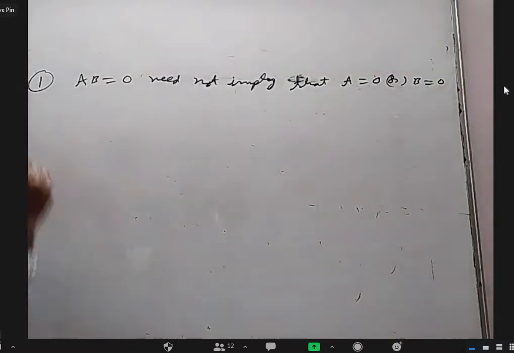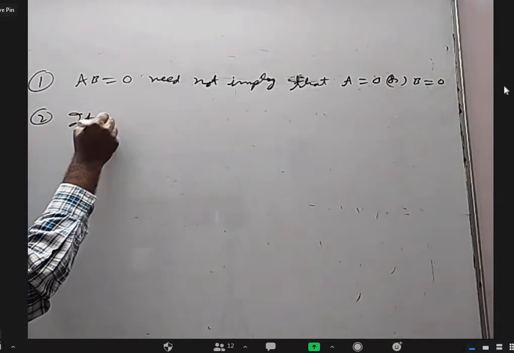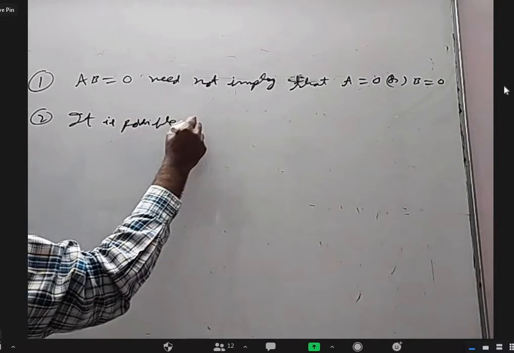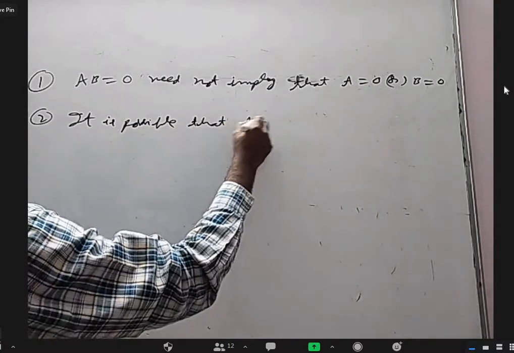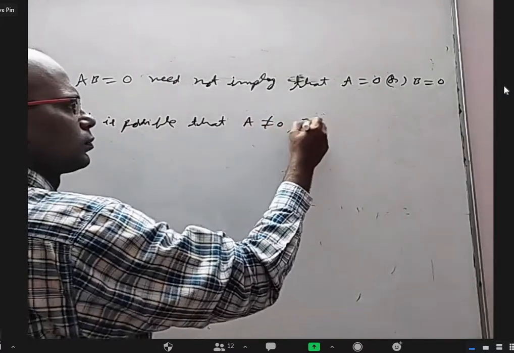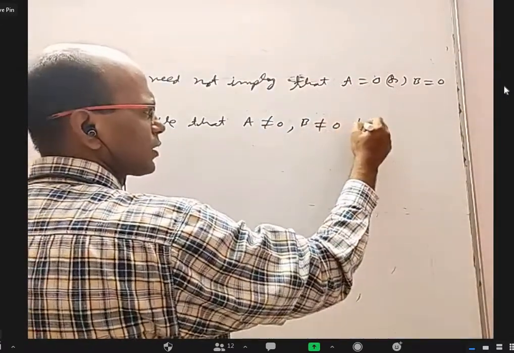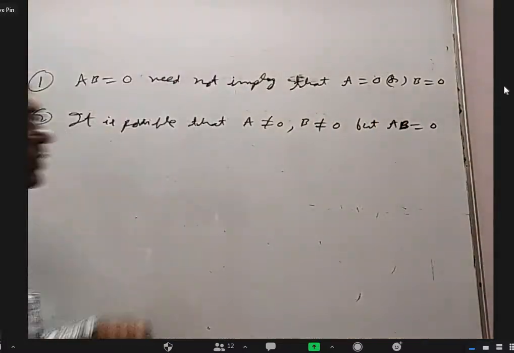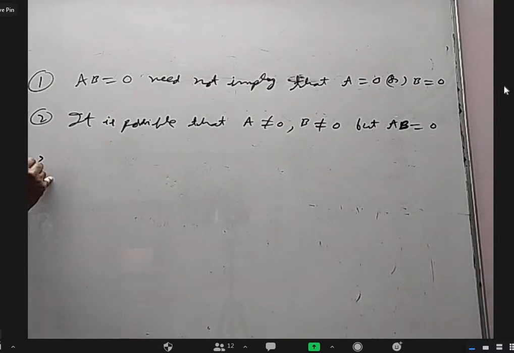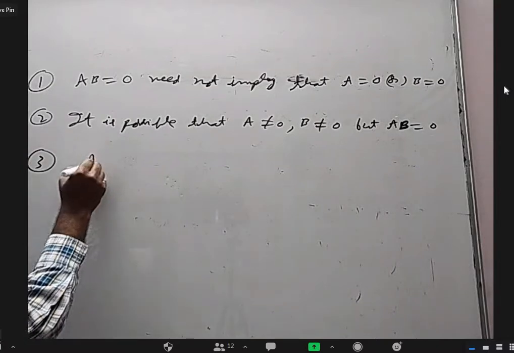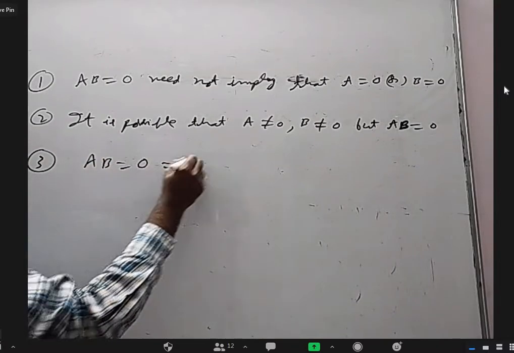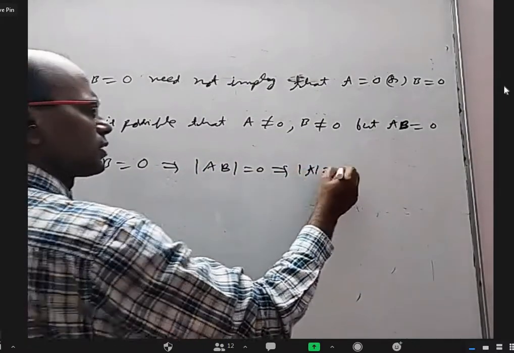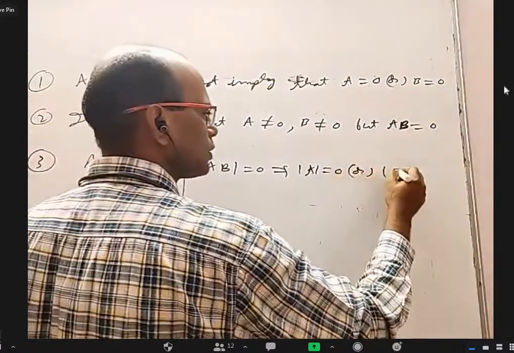Same statement. It is possible that A is not equal to 0, B is not equal to null matrix, but AB equal to null matrix. But one thing for sure, if AB equal to null matrix, then det of AB should be 0, which implies that det A is 0 or that det B is 0.